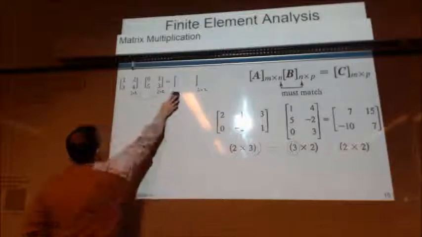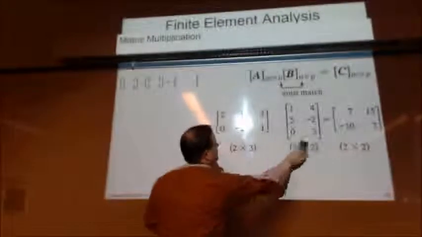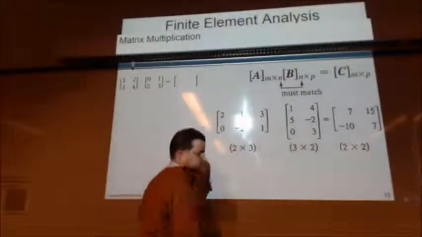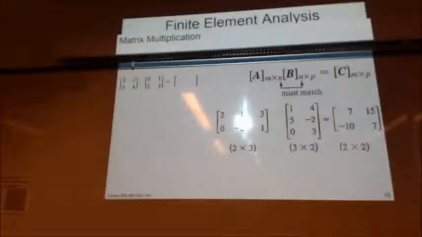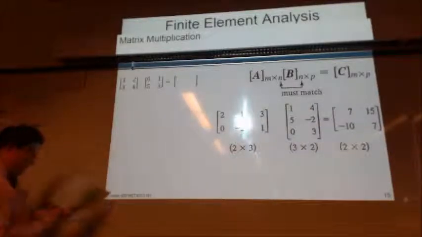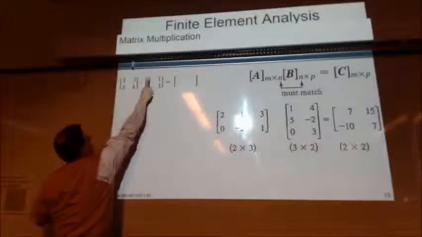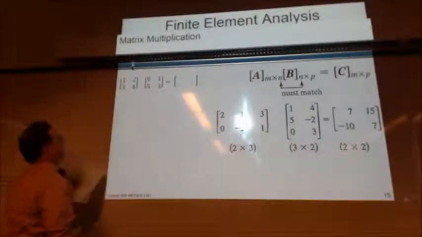So how do we go about doing this? Tricky. So essentially what we're going to do is take this row and multiply it by that column.